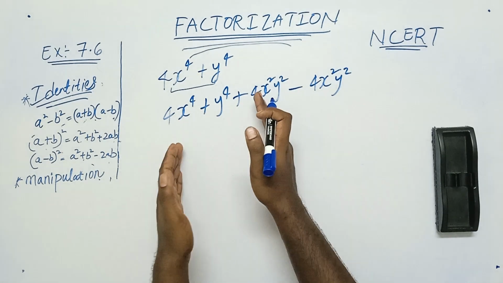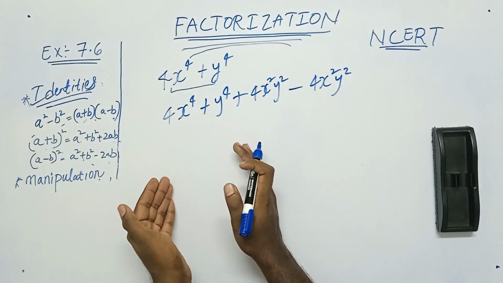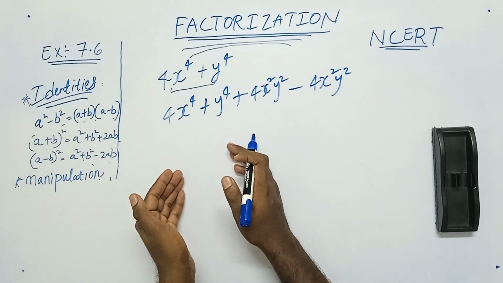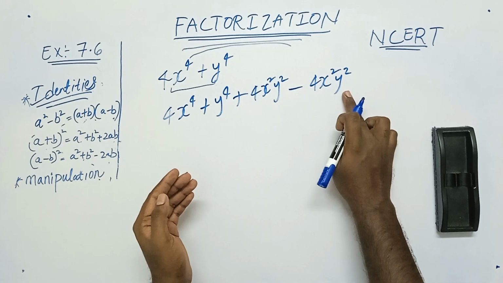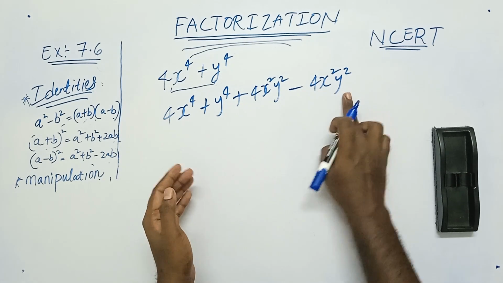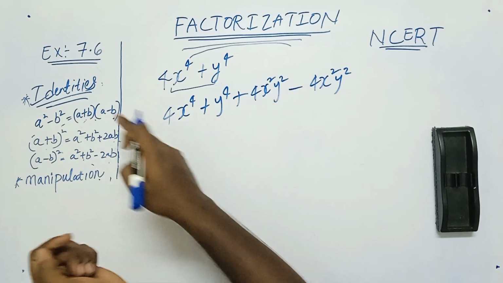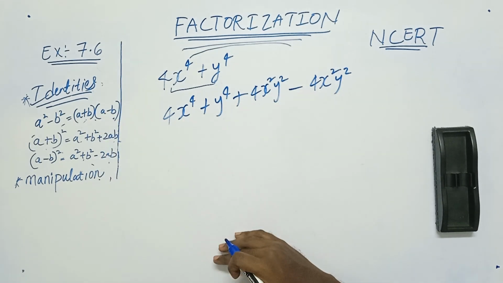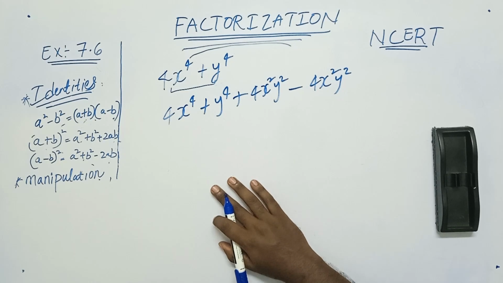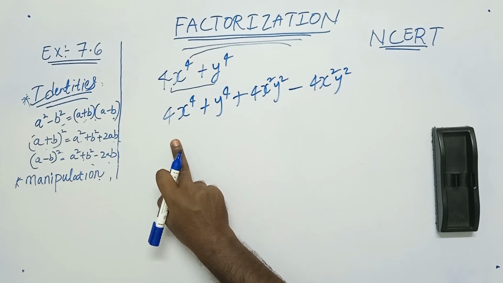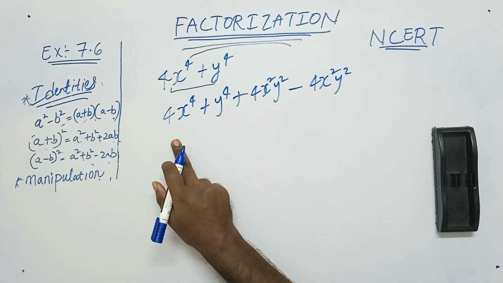I made this manipulation in order to bring the expression into a form resembling an identity, to find its factors, right?